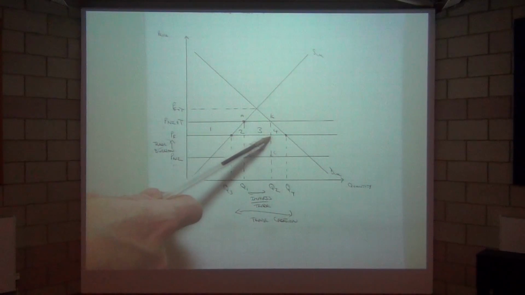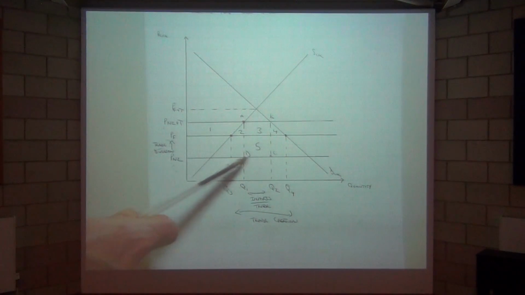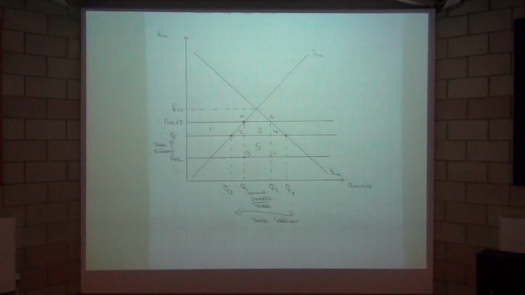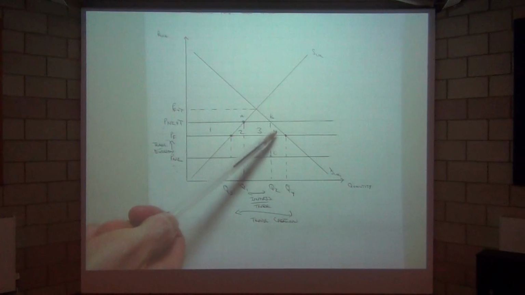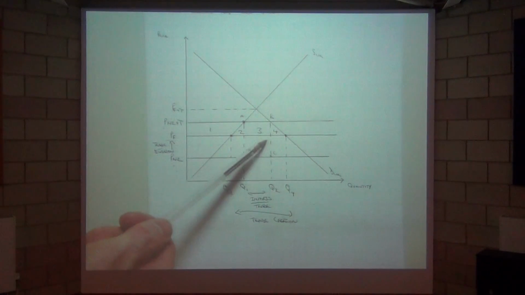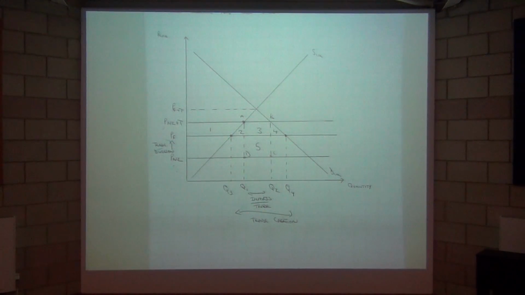Now that area, so we're talking about from here to here to here to here, was previously part of the government's tariff revenue, but obviously that no longer exists, and so the government aren't earning that money any longer. We can see on this particular diagram that areas 2 and 4, the area of that little triangle, the area of that little triangle, is probably less than the area of that rectangle, area 5. And so in this instance it may be the case that the overall gain is outweighed by that overall loss.